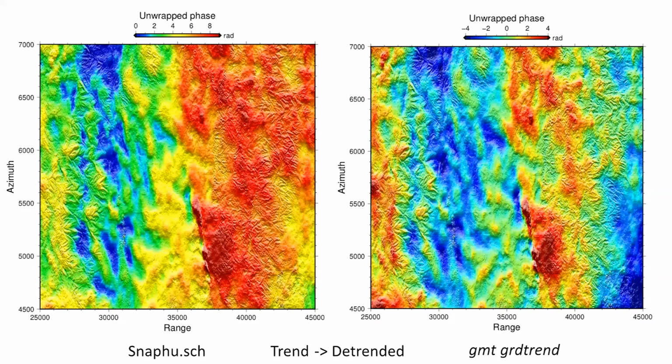And here, this is the unwrapped phase, and the signal is a lot clearer here, but still it shows some trending there. So I used GMT grdtrend to detrend the unwrapped phase map. This is it.